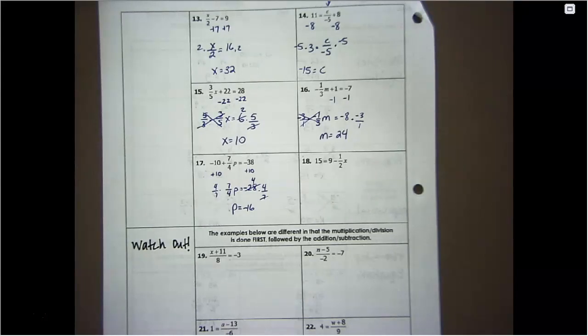Yes, we're going to treat that as a -1/2, true, but that's my variable term. So I want to get rid of my constant terms. I need to do something with a 9.